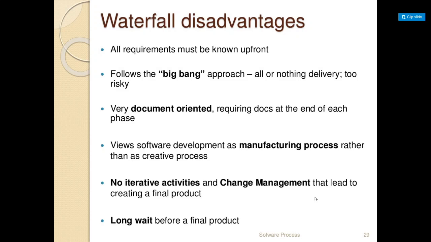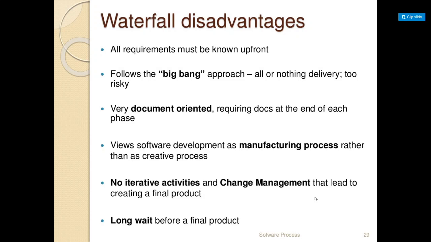Big bang approach means that only once the project is done is it delivered. In between, the customer cannot come and see, or anyone else make changes in that. So once the requirements are done, the project will be done only at the delivery stage, and there are no intermediate phases. That is why it's called a big bang approach.